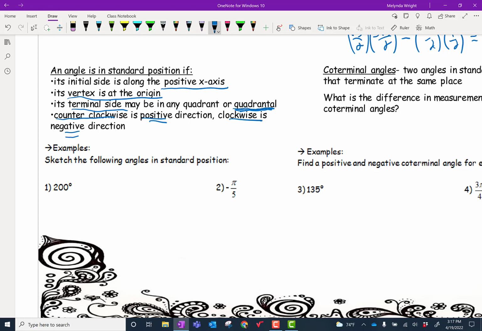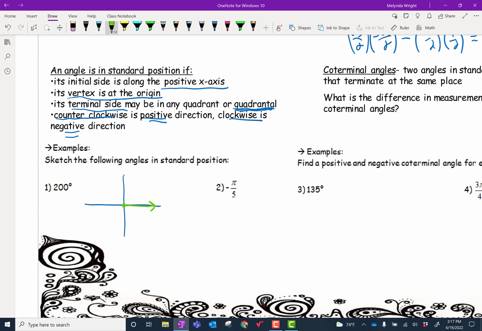So we're going to sketch the following angles in standard position. So I'm going to draw a coordinate plane. Okay. And I'm going to draw the angle in a different color so you can kind of see. So here's my initial side. We're at the origin, this is my initial side right here.